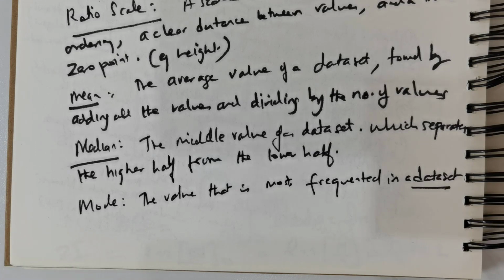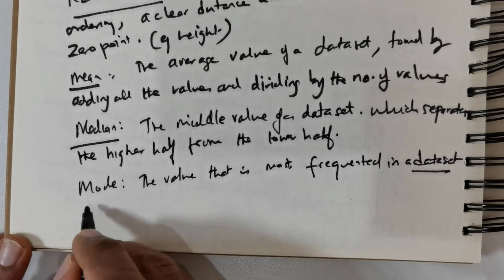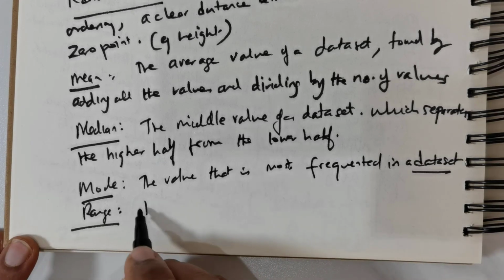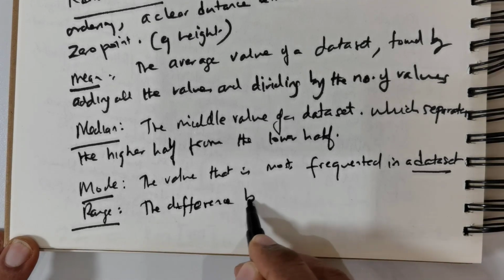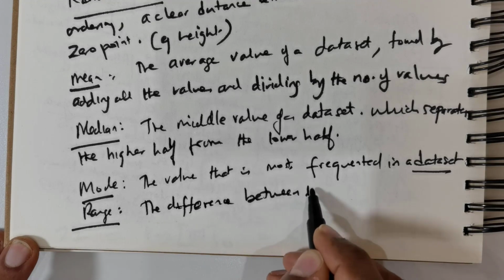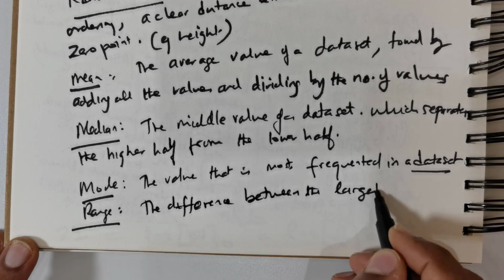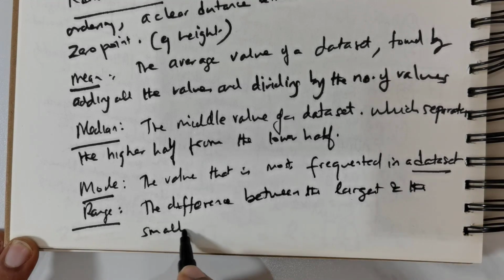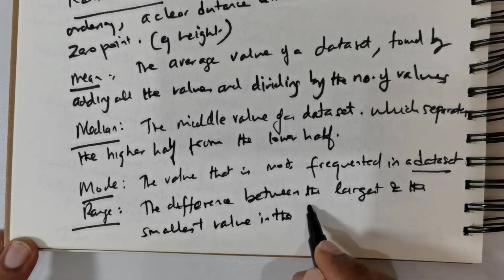Next, you have to know range. Range, the difference between the largest and the smallest value in the data set.